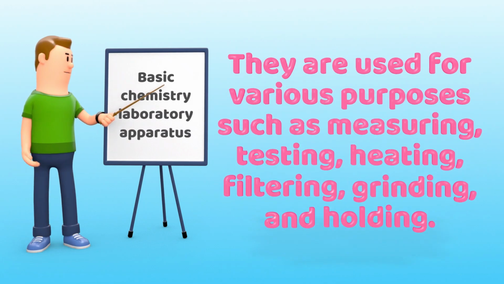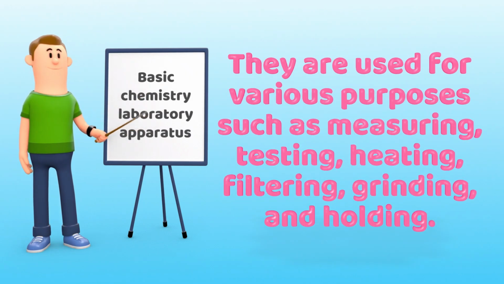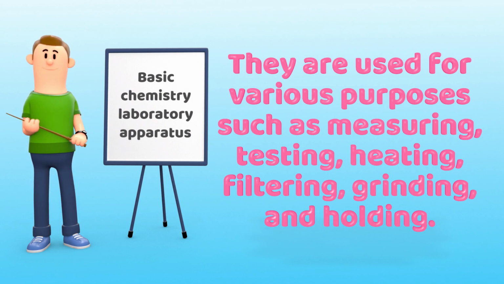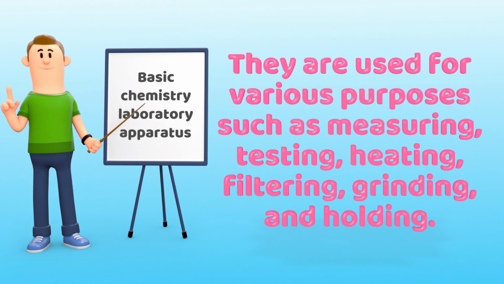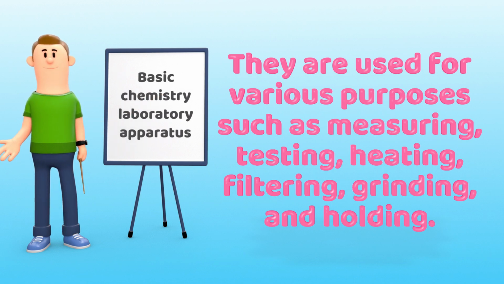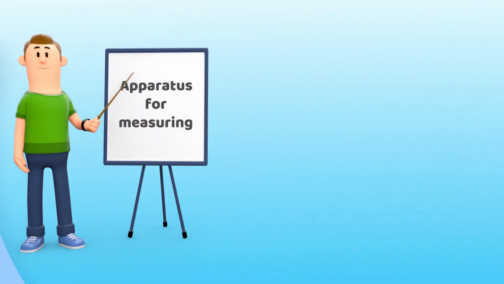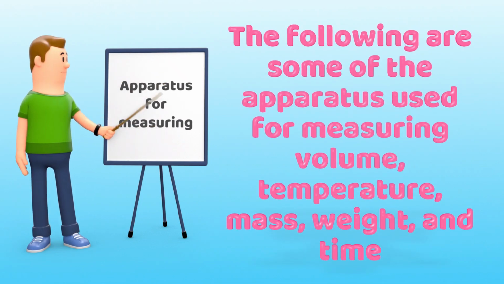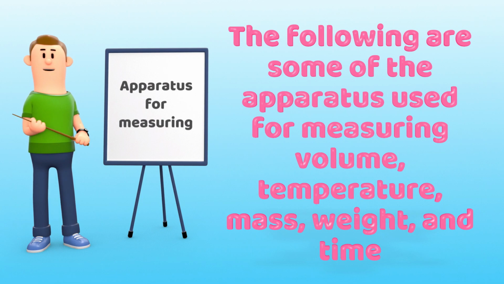These apparatus are used for different purposes, such as measuring, testing, heating, filtering, grinding, as well as forming. Okay, let's now see apparatus that may be used for measuring volume, temperature, weight, mass, as well as time.